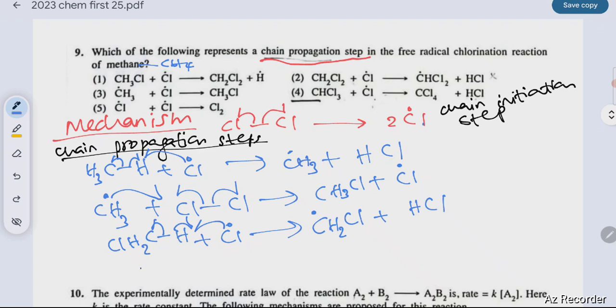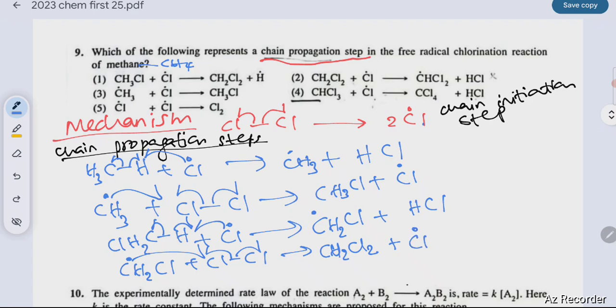Again we have to take CH2Cl dot, again it comes with the Cl. So this is cleaved, and this will form what? CH2Cl2 plus Cl radical.